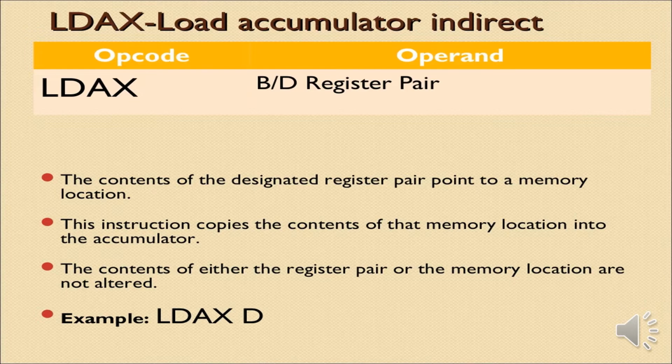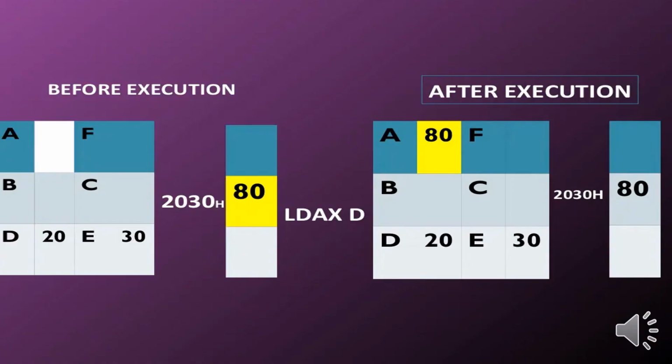So LDAX D. This is an instruction; consider before execution and after execution. Before the instruction, the accumulator stores any value.